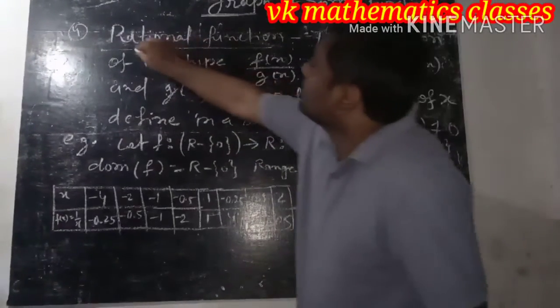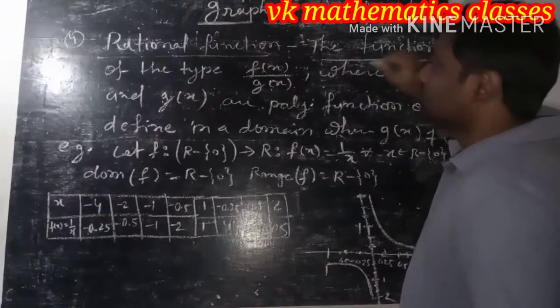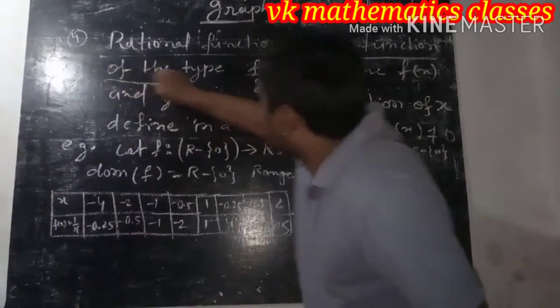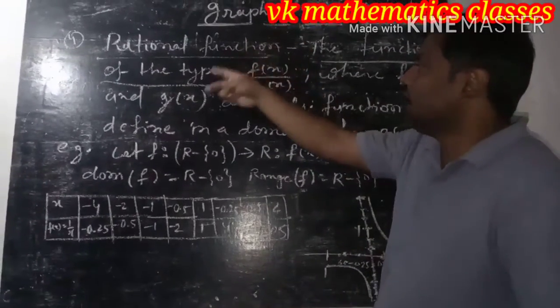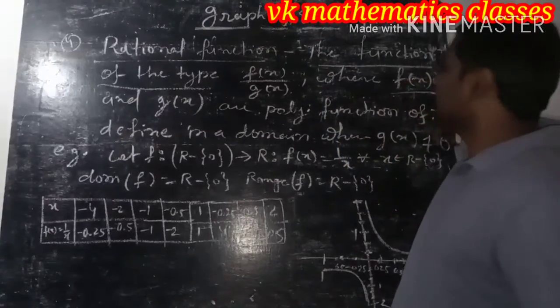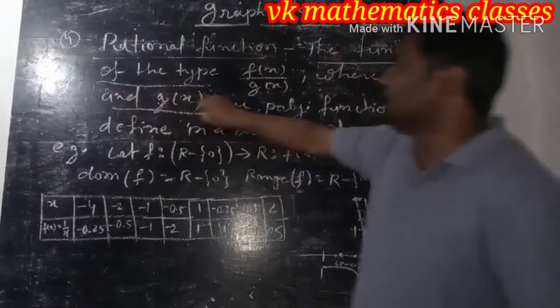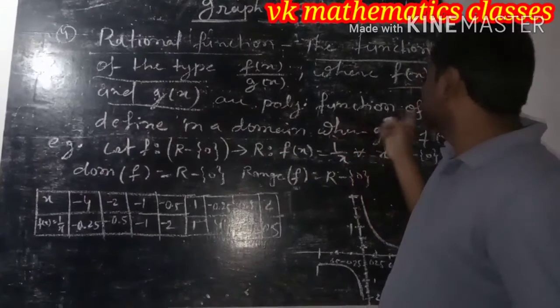Next is the rational function. It is a function of the type f(x) by g(x), where f(x) and g(x) are both polynomial functions of x.